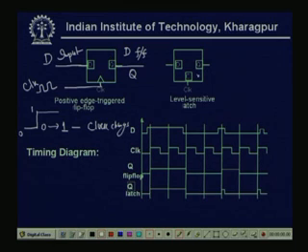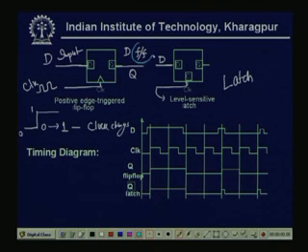Now, this is a level sensitive latch. So, this is edge triggered and this is level sensitive. Here also clock is one input, but this is level sensitive, not edge. Similarly, this is a D input, this is a level sensitive latch. So, this we can call a latch and this we can call a flip flop.